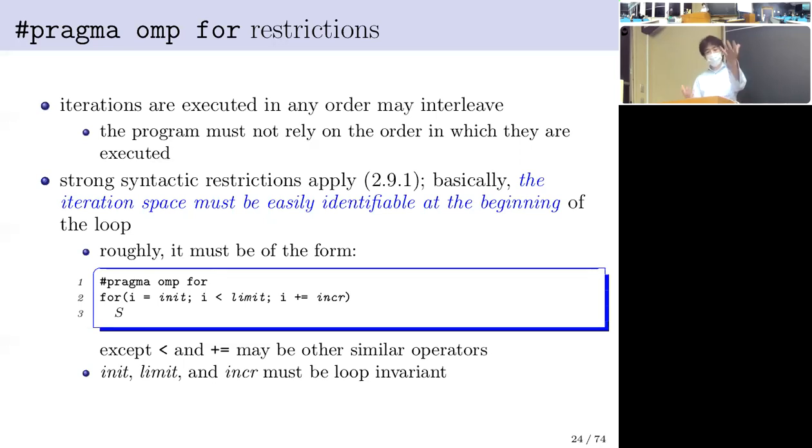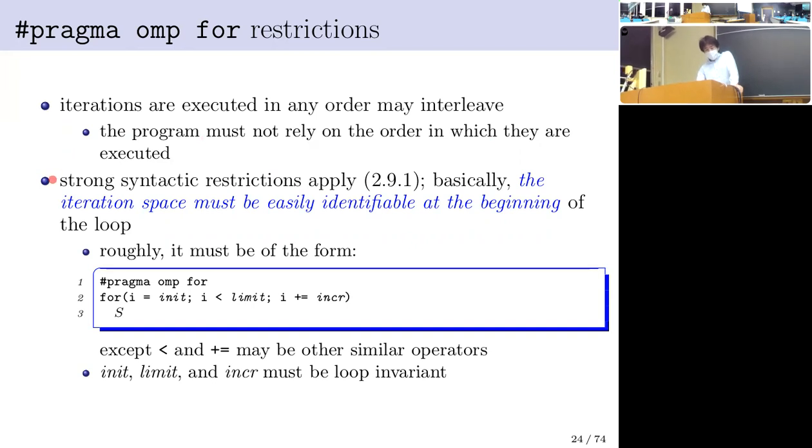So iteration 0 and iteration 1 may be executed in the opposite order from what you normally expect in serial execution, 0 and then 1. Furthermore, execution of these two iterations may overlap, may interleave. So the program must not rely on the order in which they execute in any way whatsoever.